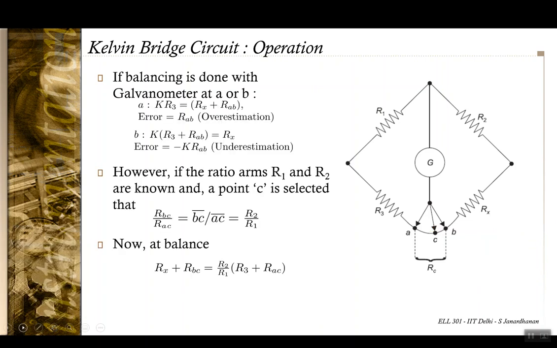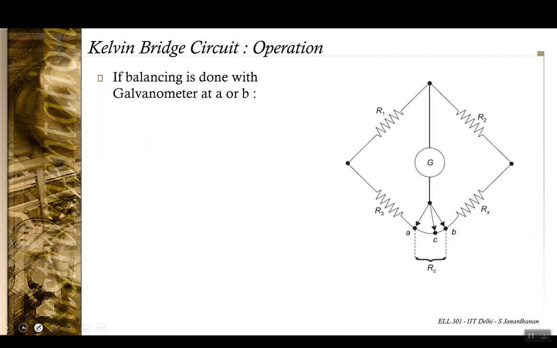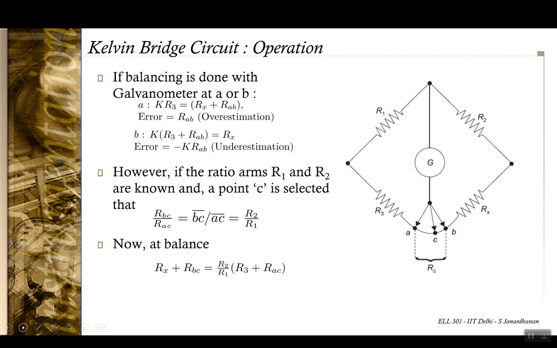Now if RC is comparable to Rx and you connect the bridge at this location A, then this arm is R3 and this arm is RC plus Rx.